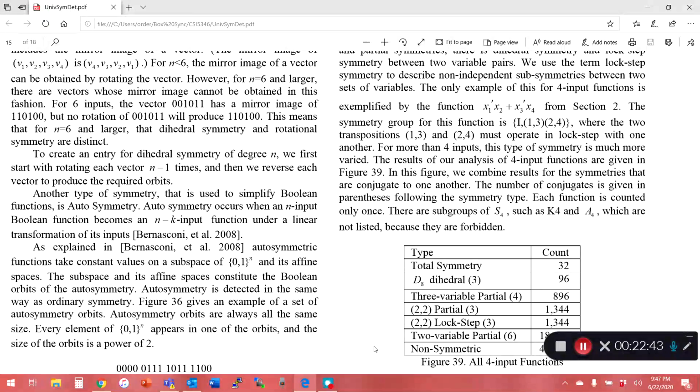Another thing that I mentioned when we were talking about various types of symmetry is autosymmetry. In autosymmetry, we have an n-input Boolean function that, once we do a linear transformation of the inputs, we end up with fewer than n inputs, or fewer than n linear combinations, if you will.